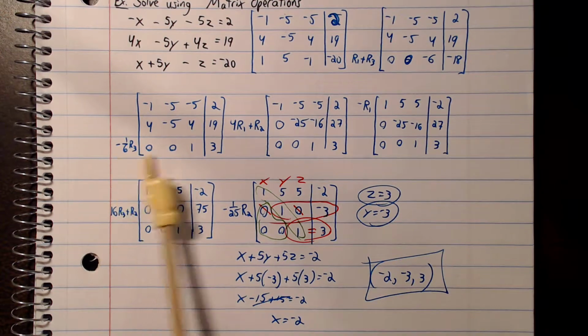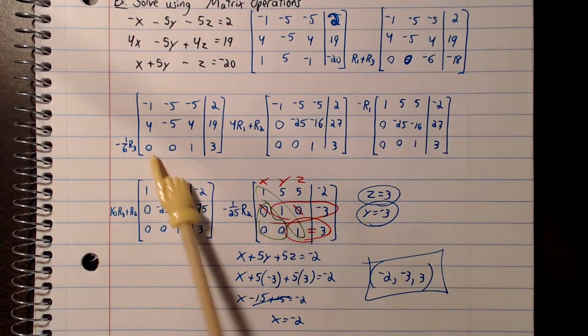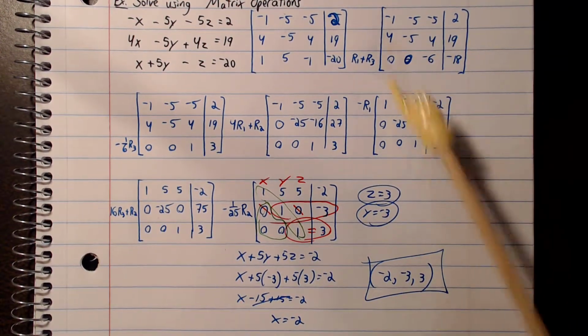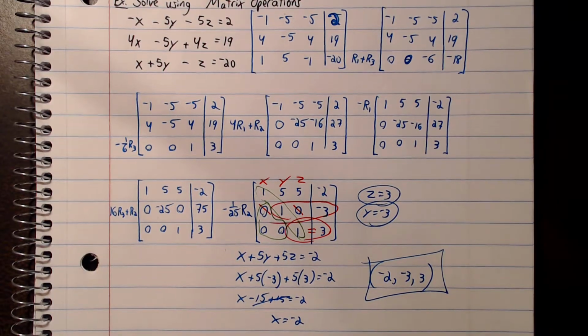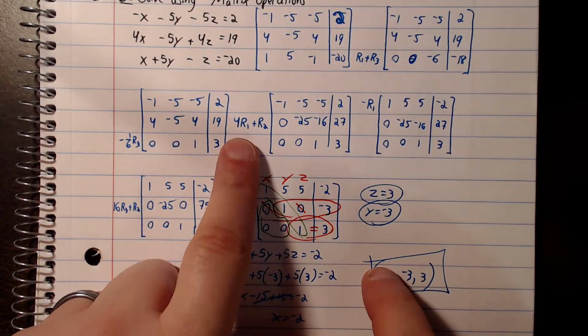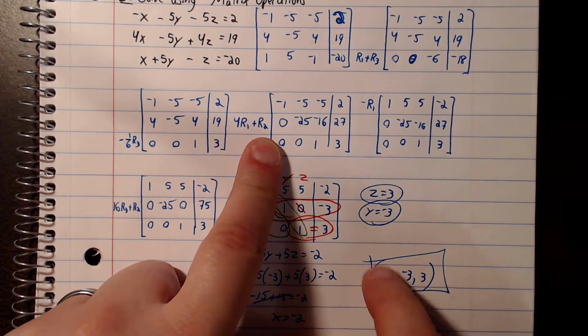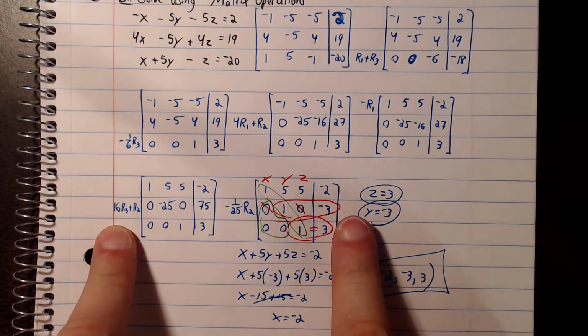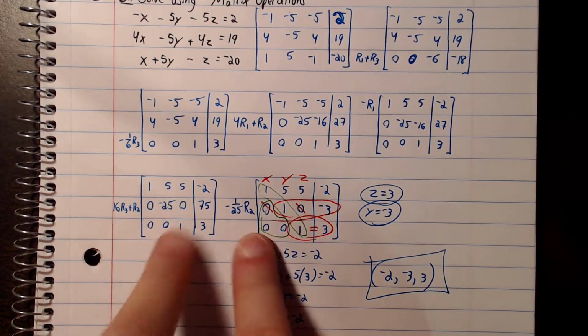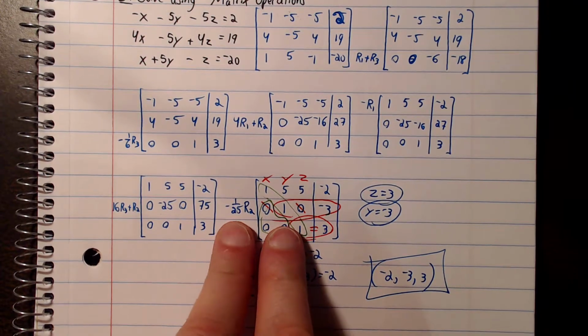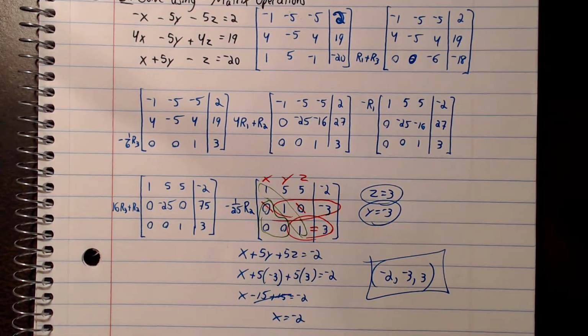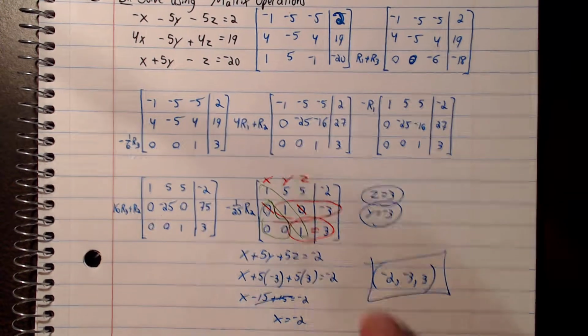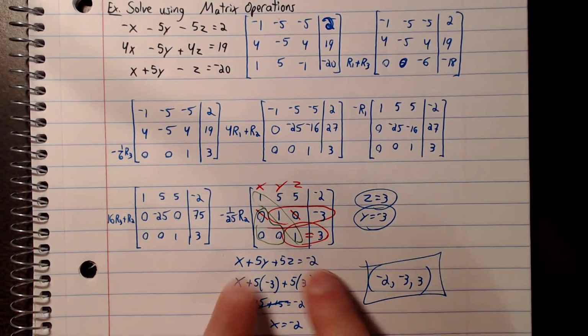We divide by that number, including any negatives to reverse the negatives. So a lot of these things happened a couple of times, reoccurring, right? We had to multiply and add to eliminate. We had to multiply by a negative and reciprocal to make it become 1. So a lot of these tricks are kind of repeated. And then we get to a certain point where we could use that back substitution.